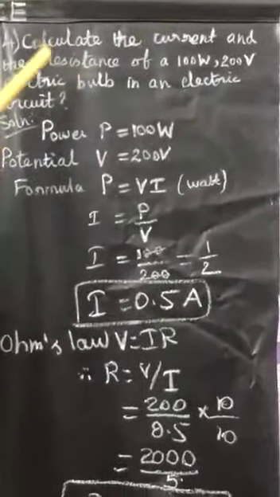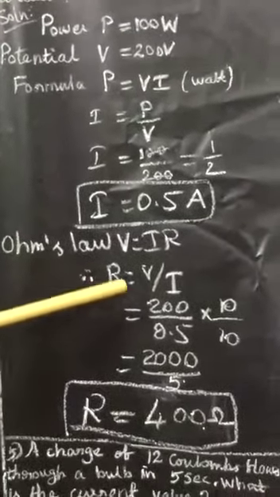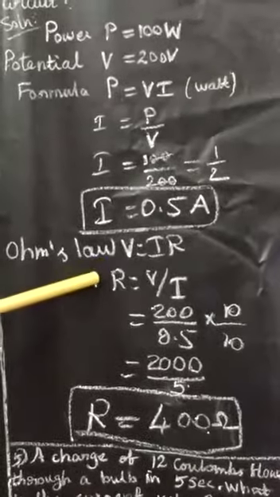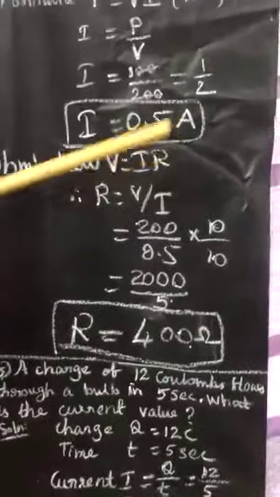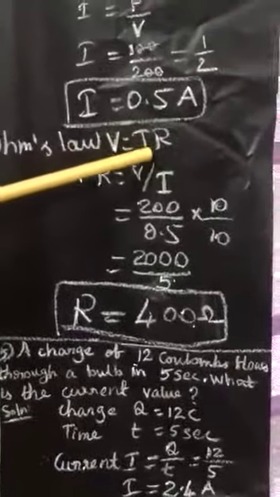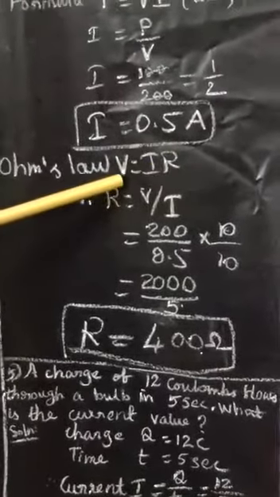Now I have the value for current, and next I will find the resistance value using Ohm's law: V is equal to I into R. I have the current and the potential difference.